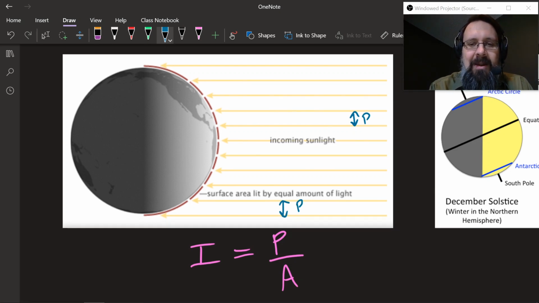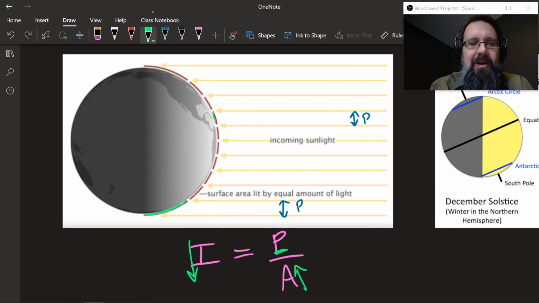Here's the same amount of power in these two locations, but notice that here it's a very small amount of area on the earth that power reaches, whereas in the second case, like at the poles, it's a much larger area that the power is spread out across. If you take the same power spread out across a larger area, then you're going to have less intensity.